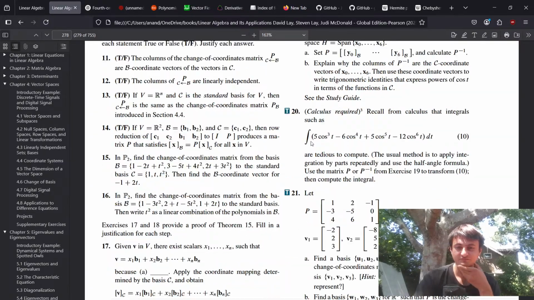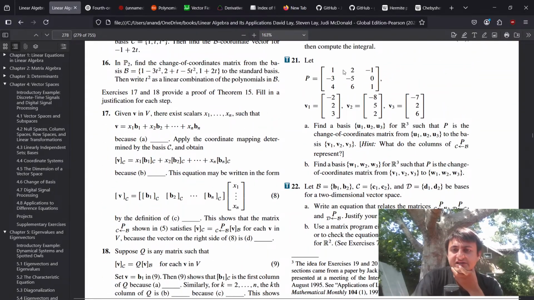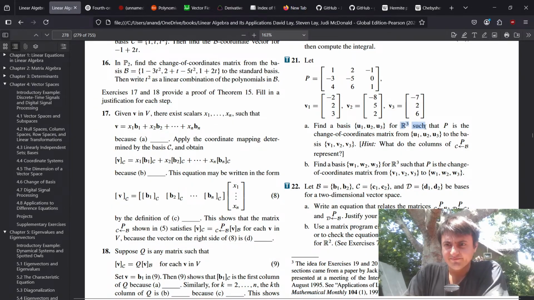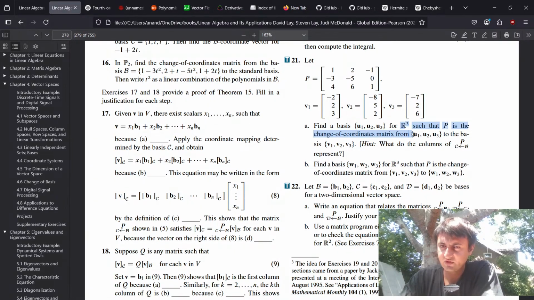All right. 21. P is this and V is this. Find a basis U for R3 such that P is the change of coordinates from U to V. Okay, so U is what we're trying to find.